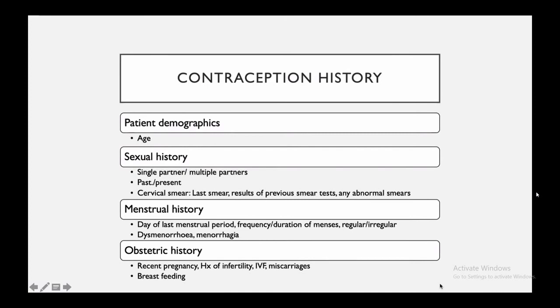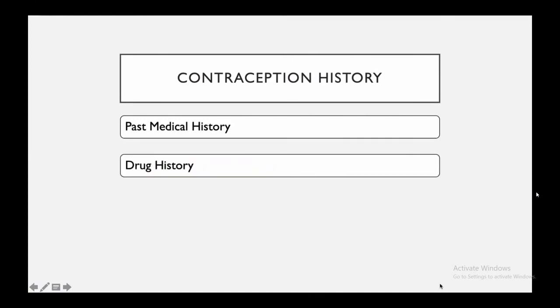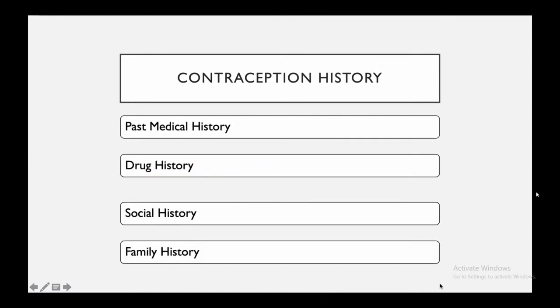Okay, so as you continue to take a contraception history, it's important to ask about past medical history, drug history, social history, and family history. In particular, for past medical history, it's important for you to ask about breast or cervical cancer and any previous VTE, so if they've had any previous clots, and if they have had any previous migraines with aura or any STIs.